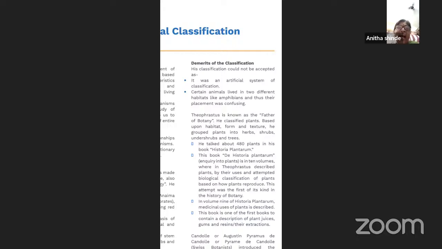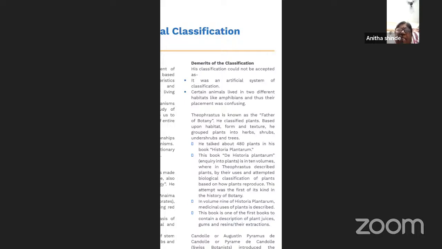was regarded by many of the scientists. So that is how his classification could not be accepted. So now understood? The first classification made by Aristotle could not be accepted because though he made the first attempt, he considered the animals based on their habitat, no doubt, and classified them into aquatic, terrestrial, as well as aerial.